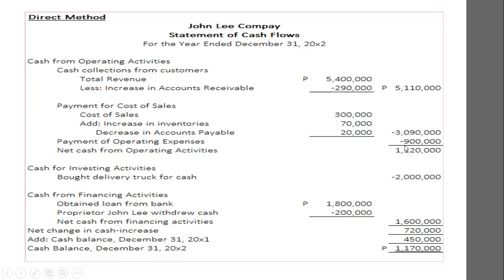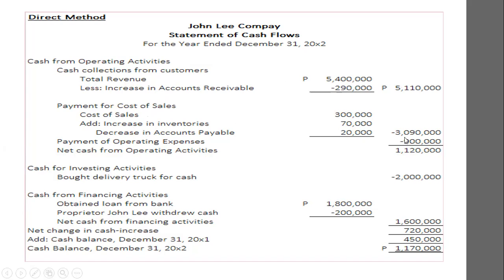So, a total of 1,120,000 under operating activities. Okay? So, huwag po kayo ma-confuse sa mga signs ha. Automatic kasi, after natin makuha yung cash collections from customers, ililess po natin yung payment for cost of sales. Okay? Ililess po ha.